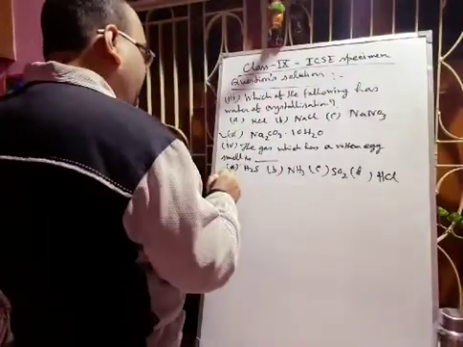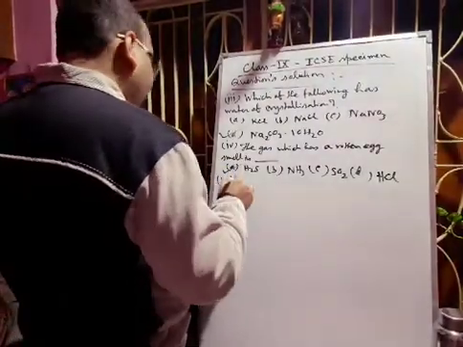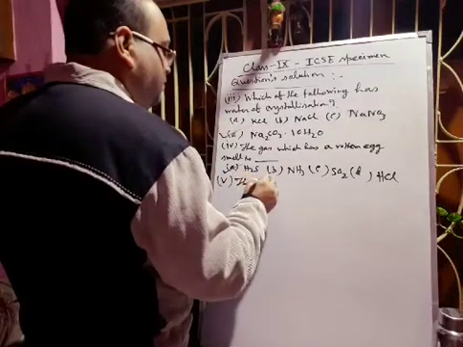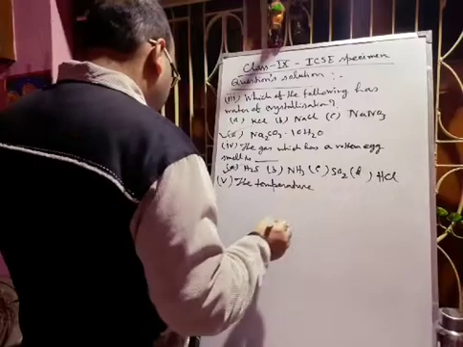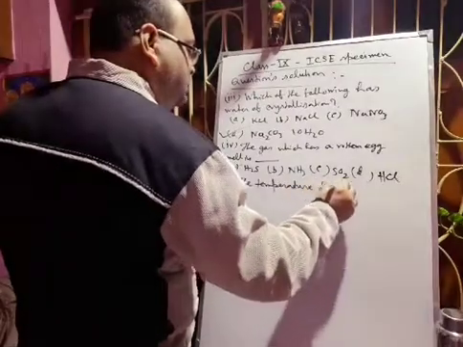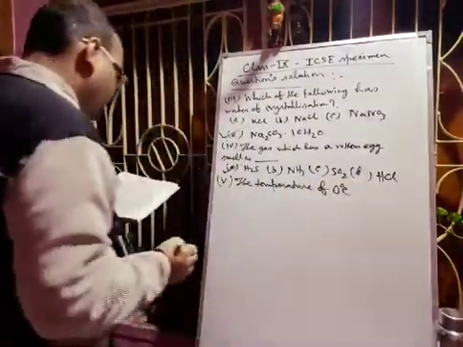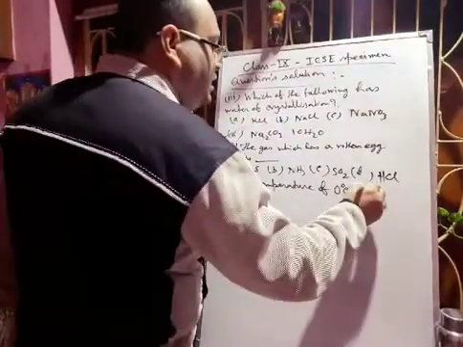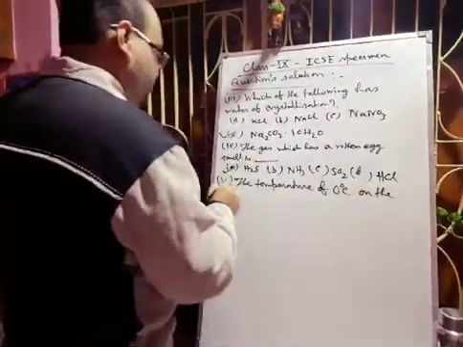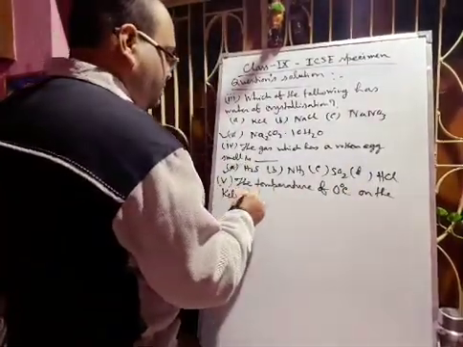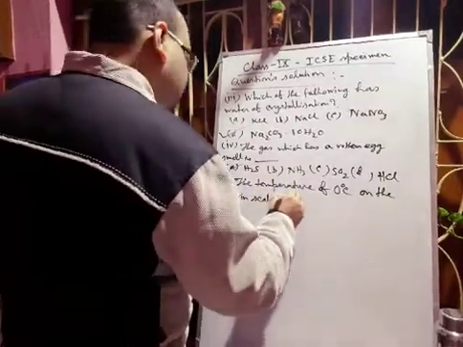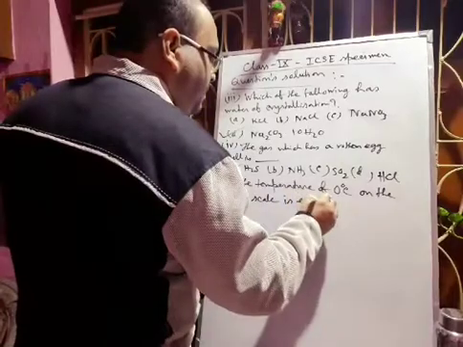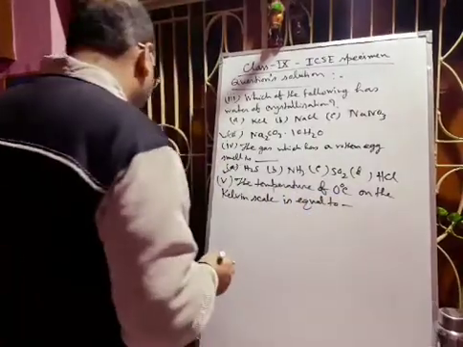Next question number 5. The temperature 0 degree centigrade on the Kelvin scale is equal to dash.